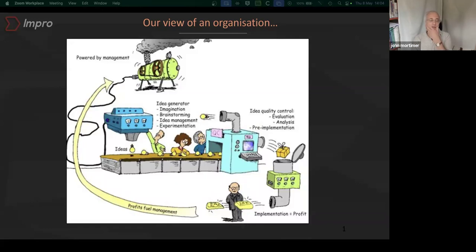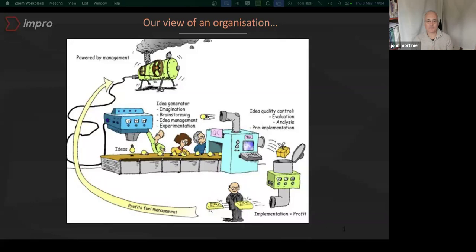So, what's our traditional view of an organization? A traditional view is like a sausage machine from the Industrial Revolution, from manufacturing, where you've got inputs, you've got processes, you've got outputs. And when I go into an organization and I ask them, show me how you work, what do you think they produce?